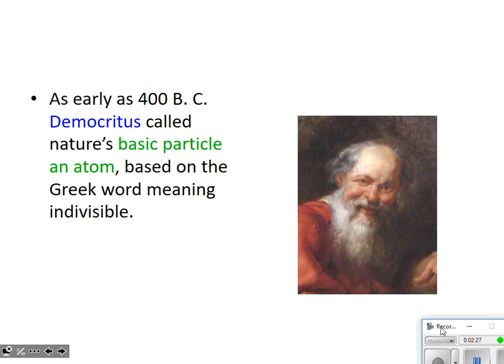You can't divide it. It's the smallest thing possible. So we are going to call that the atom. I don't think you need your periodic tables just yet. We're probably going to need them later on.